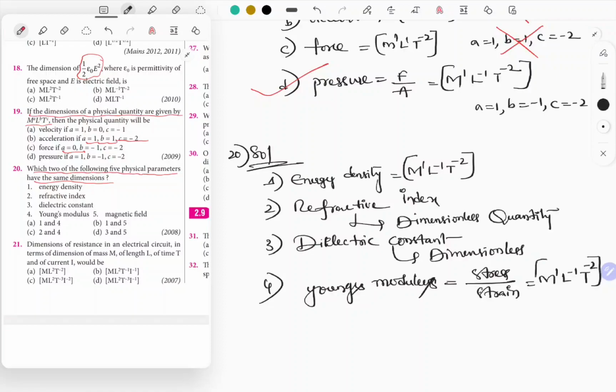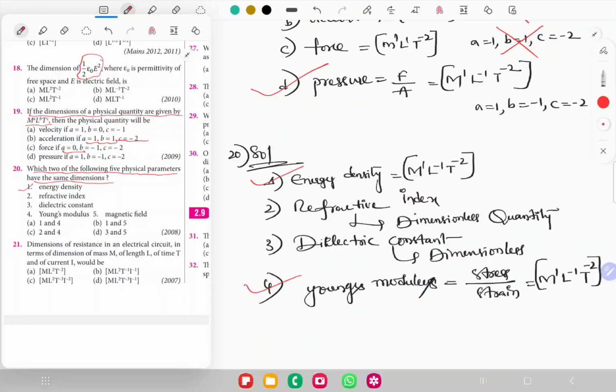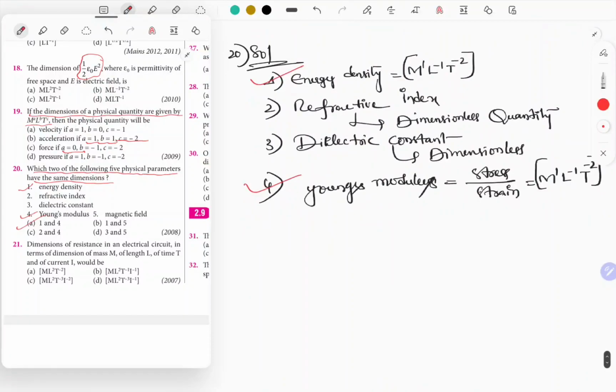If you observe, the dimensional formula for Young's modulus and energy density are both the same. So energy density and Young's modulus are matching. So option A is correct. Young's modulus and energy density have the same dimensional formula.